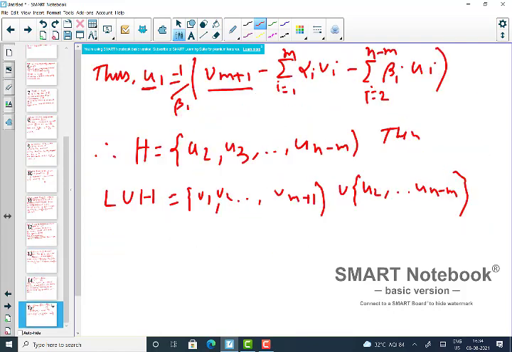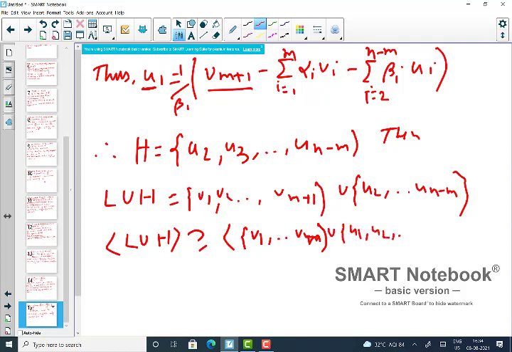So that means the span of L union H contains the span of the previous one, v1, v2, vm union u1, u2, up to u n minus m, which is nothing but v. So that means the span of this contains v, meaning what?